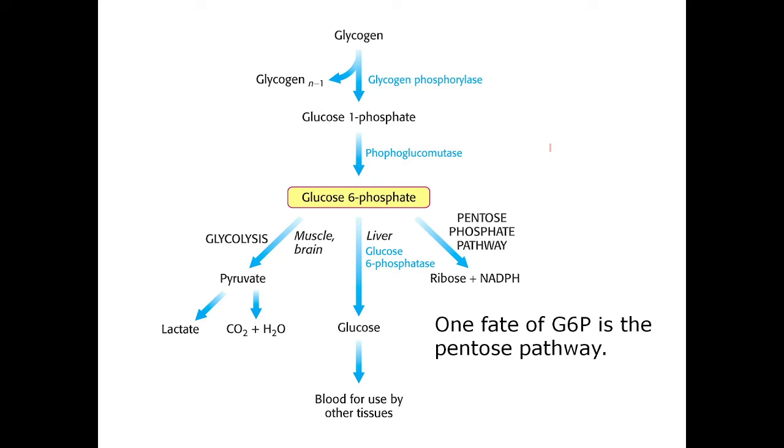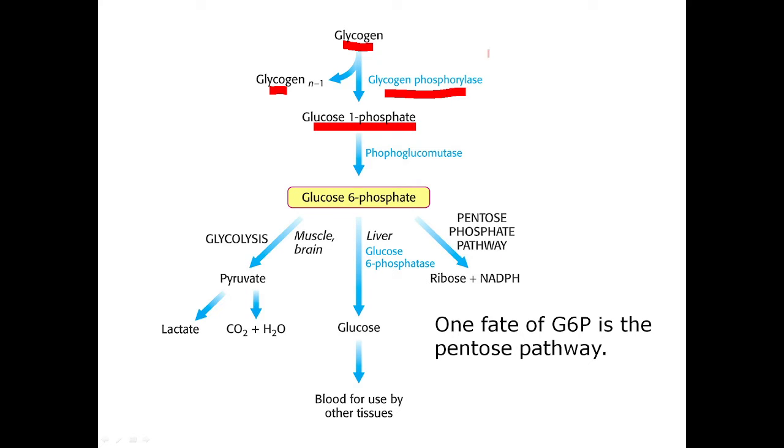Now, what is happening? One of the fates of glucose 6-phosphate is the pentose pathway. Whenever glucose 6-phosphate is present, what can happen to it? This is our glycogen. If there is the enzyme glycogen phosphorylase, the glycogen gets phosphorylated, and we get glucose 1-phosphate.